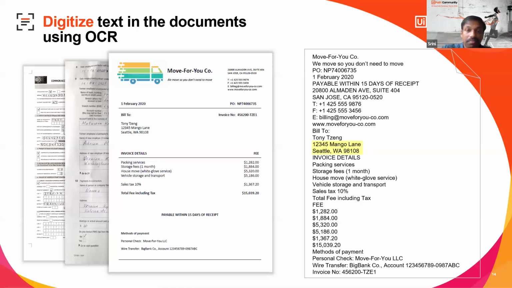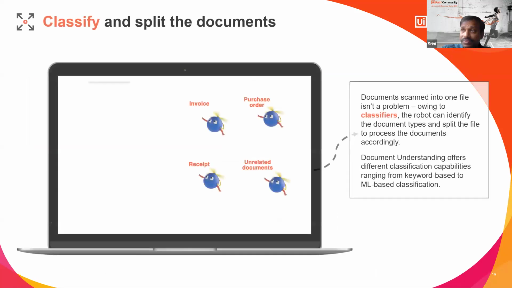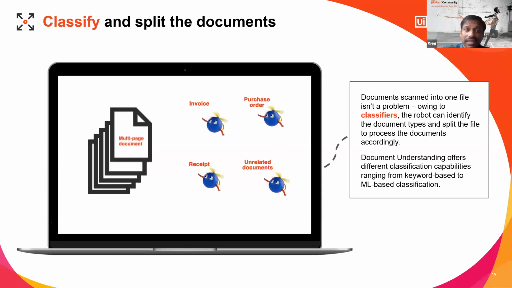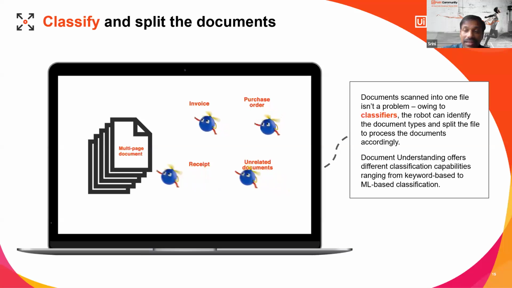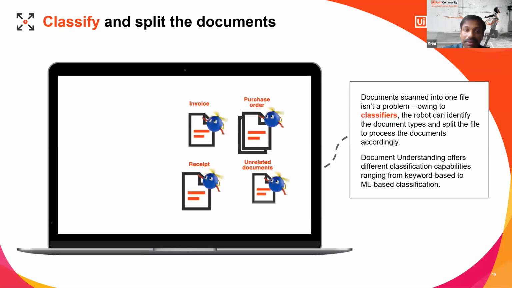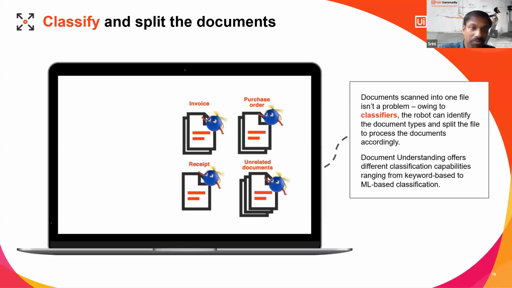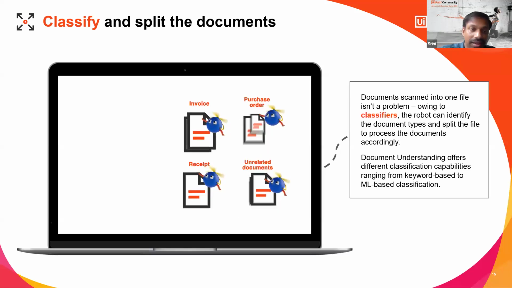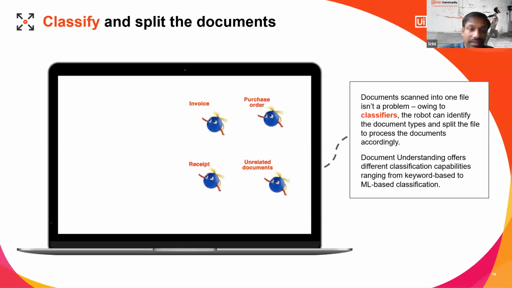Based upon that, it can classify and split the documents. Let's say you pass one PDF file which contains invoices, purchase orders, receipts, or any other documents. It can be very intelligent in classifying those into categories.